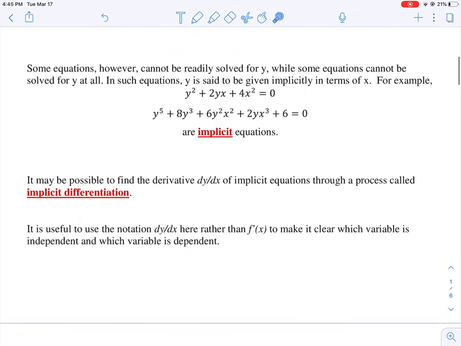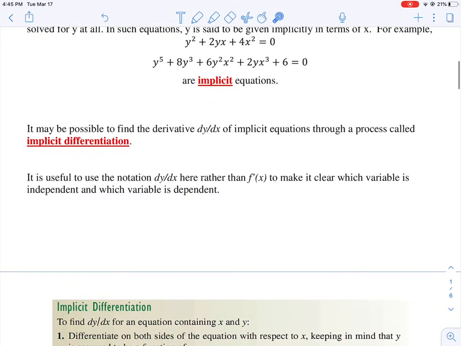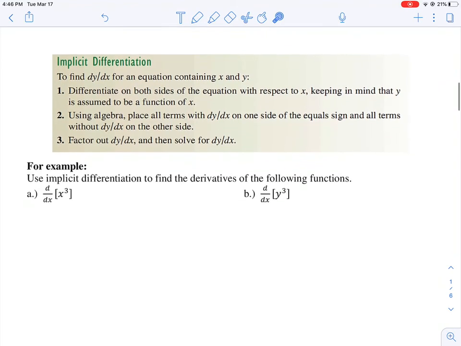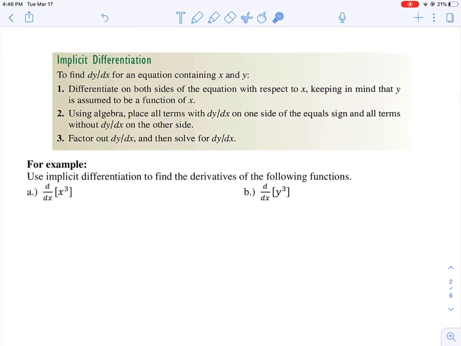Okay? So it is useful to use the notation dy over dx instead of just an f prime, so you can kind of see the difference between the relationship of what you're finding the derivative of with respect to what variable. Okay? So in the past, when we've found derivatives, we've been finding derivatives of y as x changes, right? The change in y as x changes.